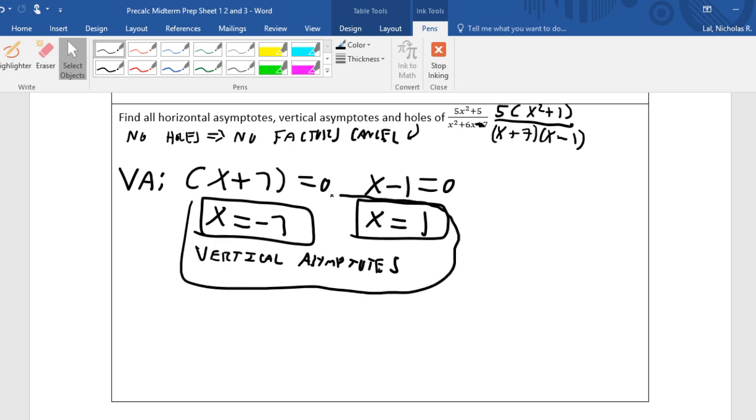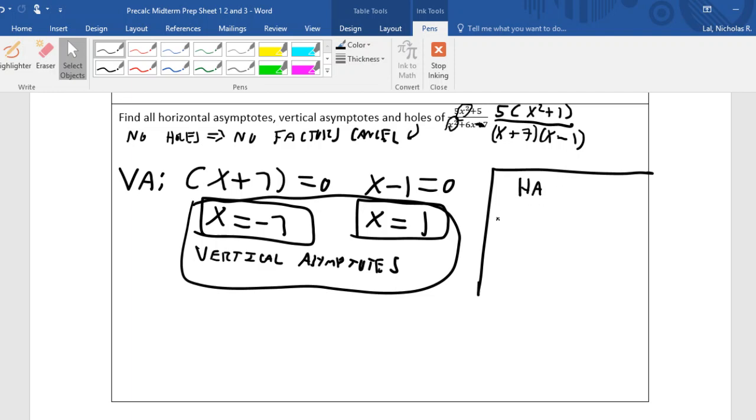And here I have my horizontal asymptotes. Now, once again, my degree on the bottom is equal to my degree on the top. So my horizontal asymptote here is just going to be the ratio of the leading coefficients. So here the ratio of leading coefficients is 5, the leading coefficient of the numerator, over 1, the leading coefficient of the denominator.